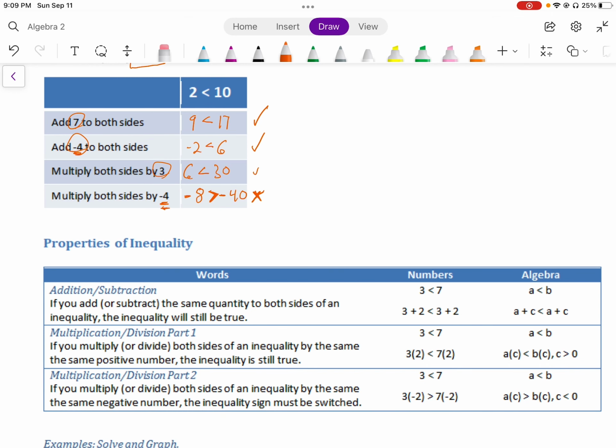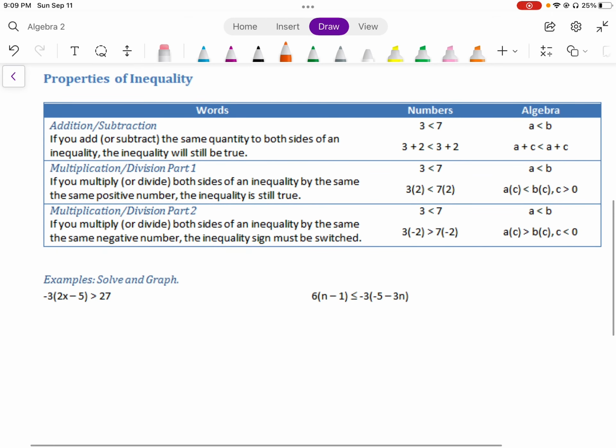We have a little table here that explains this. The properties of inequality. We have the addition or subtraction property. If you add or subtract the same quantity to both sides of an inequality, the inequality will still be true. We saw it in our example. We see it here with numbers.